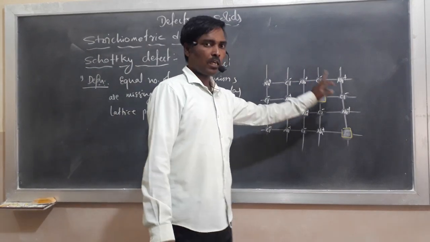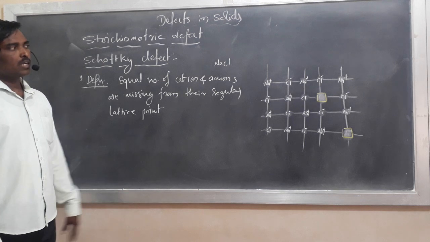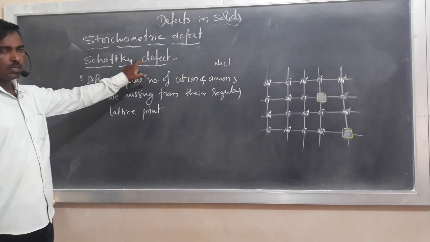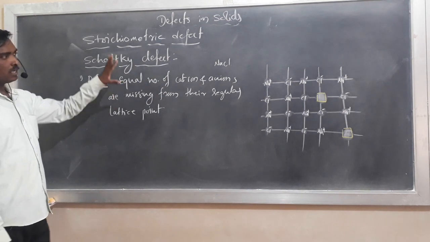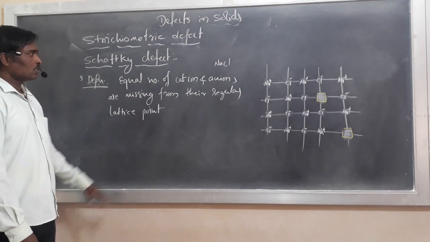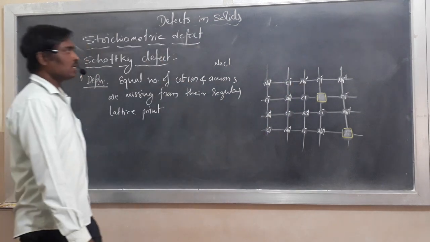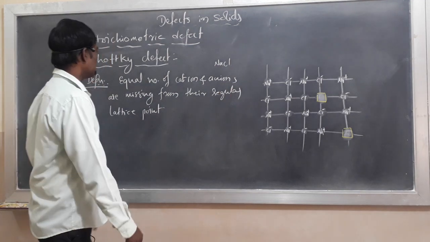If 10 sodium ions are missing, then 10 chloride ions are also missing. That's why we define Schottky defects as equal numbers of cations and anions missing, which maintains the electrical neutrality of the crystal system. The crystal is electrically neutral, since the same number of cations and anions are missing.